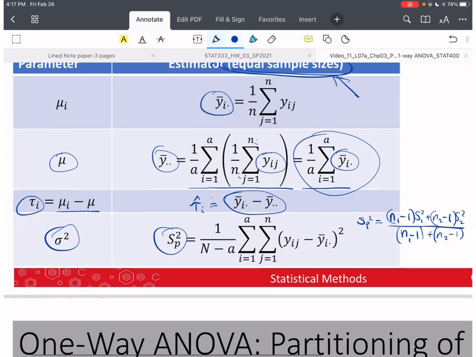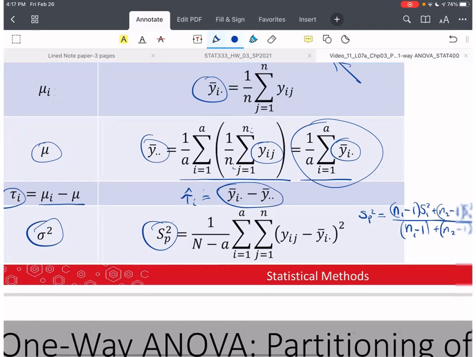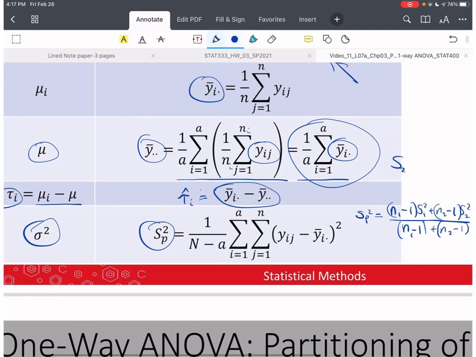Now, remember that S1 squared equals 1 over n minus 1 times the sum of y1j minus y1 dot bar quantity squared.